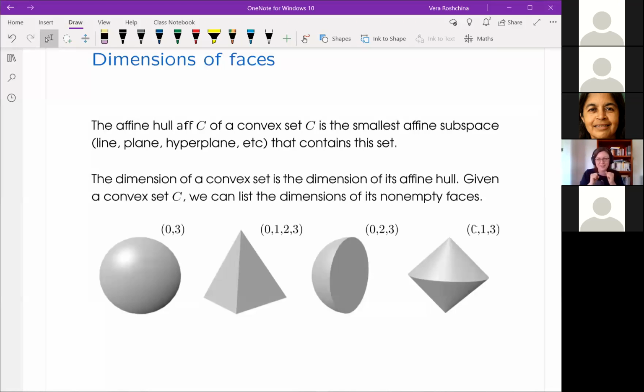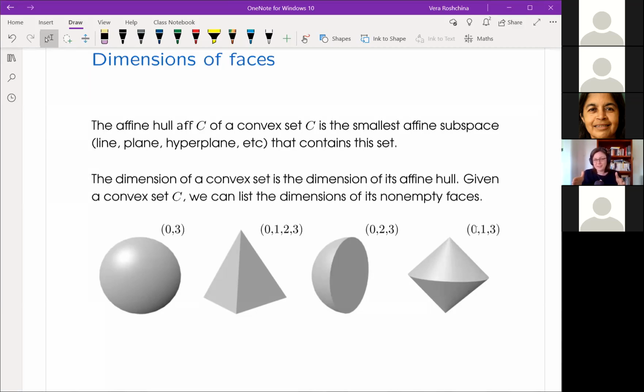So everything is a convex set. Say for the Euclidean ball, we only have the ball itself, the empty face that we don't care about, and points on the boundary. So the dimensions of faces are 3 and 0.